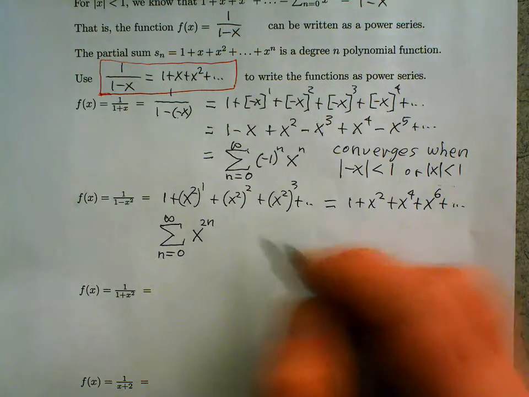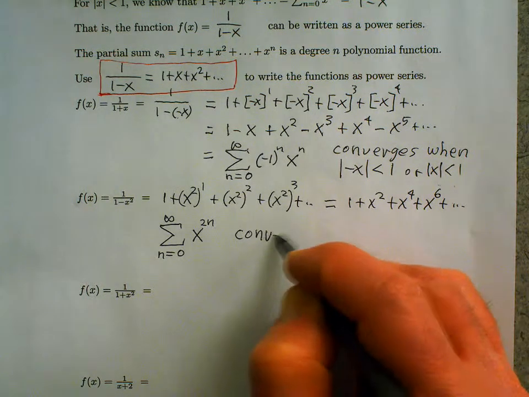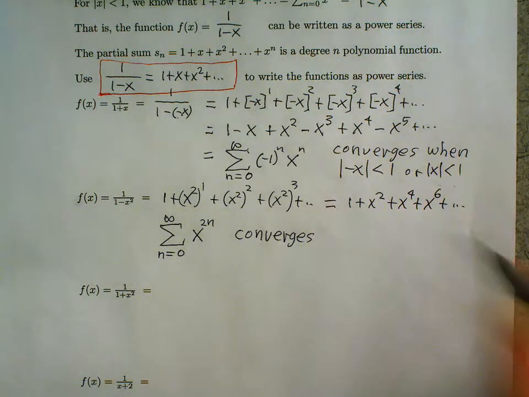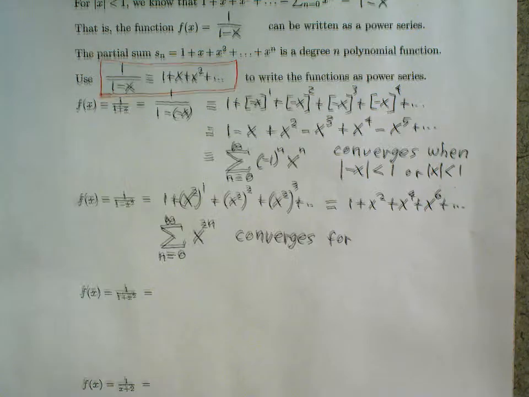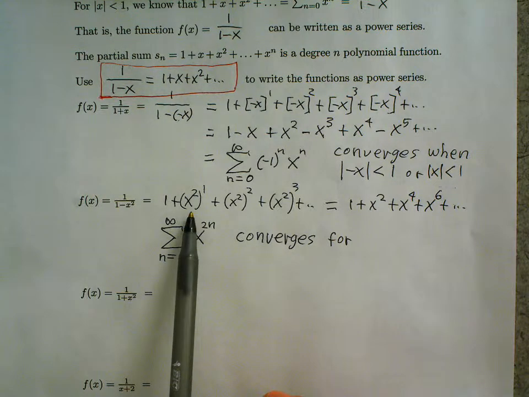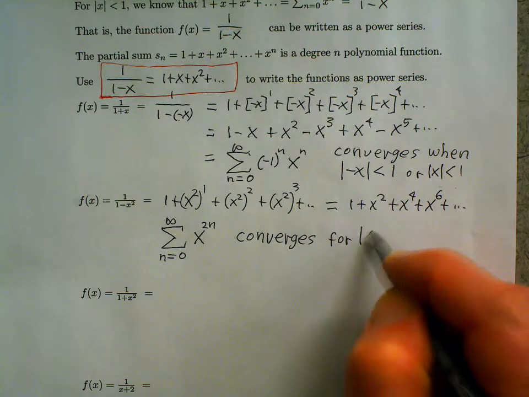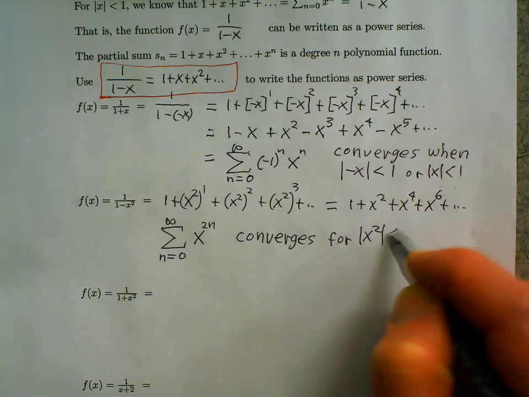Okay, so when will this converge? This converges for what values of x? Well, our function is x squared, so the absolute value of x squared is less than 1.